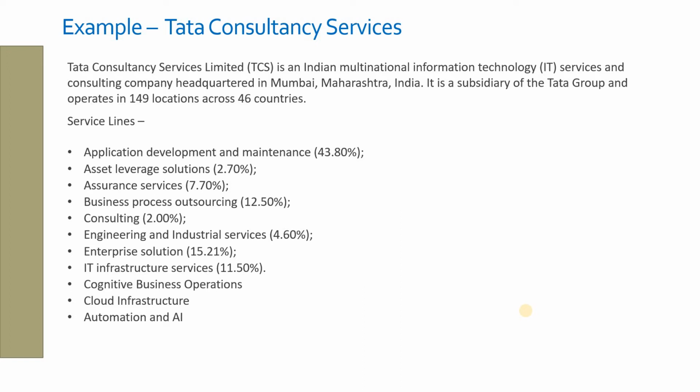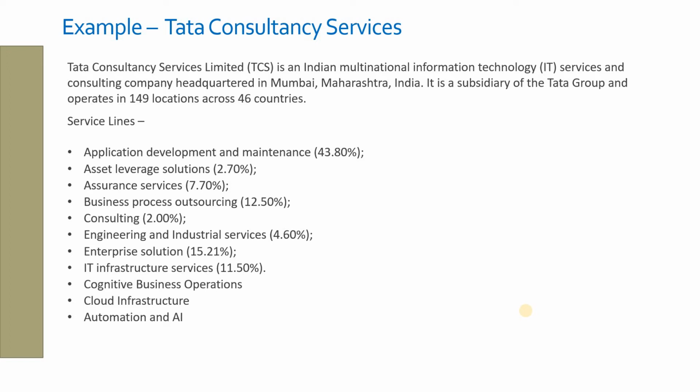Tata Consultancy Services Limited is an Indian multinational information technology IT services and consulting company headquartered in Mumbai, Maharashtra, India, and it is a subsidiary of the Tata Group and operates in 149 locations across 46 countries. So TCS is a very big brand name in India and also outside of India.